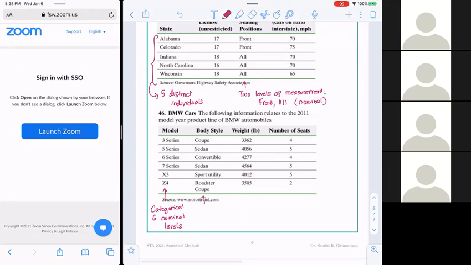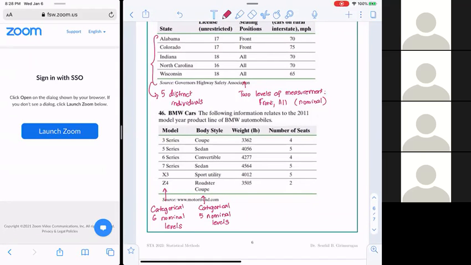So that is categorical, with 5 nominal levels. Now, weight in pounds. Even though there aren't any decimal values, it is sort of on a continuous scale.